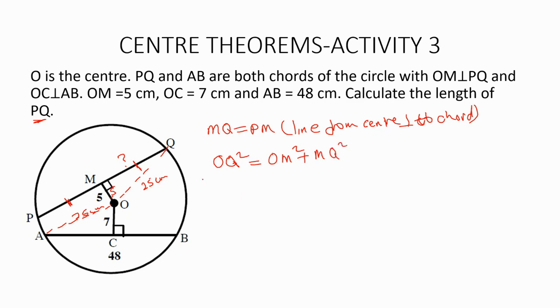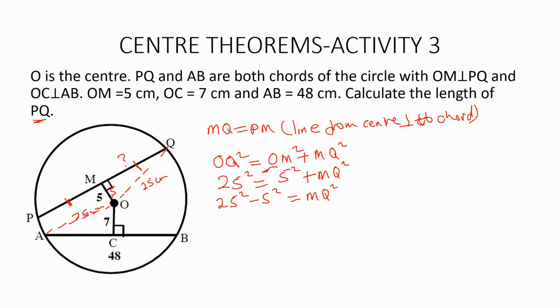What is OQ? OQ is 25. So 25 squared is equal to 5 squared plus MQ squared. Then we can transpose 5 squared: 25 squared minus 5 squared is equal to MQ squared.